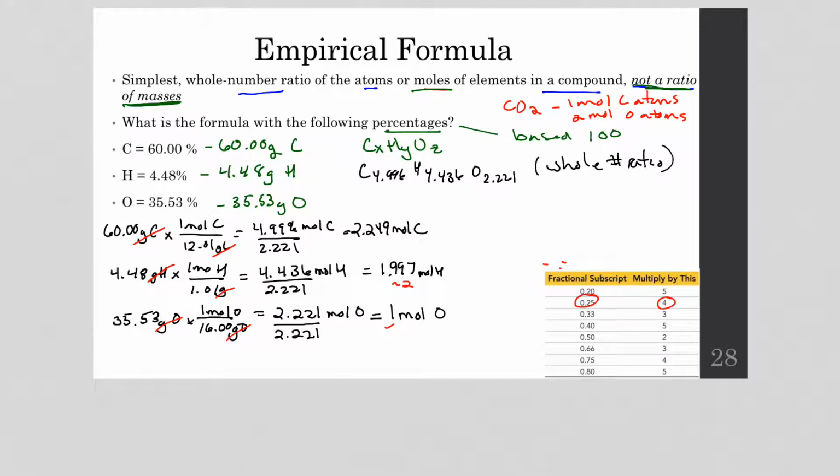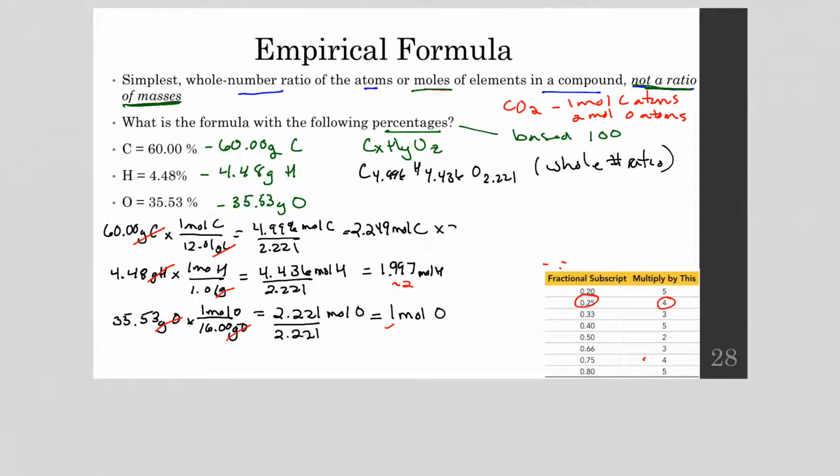So other examples might be if we had something that was ending near 0.5, we could multiply it by 2. Something ending in 0.33 or 0.66, right? We can multiply by 3 to turn it into a whole number. 0.75, multiply by 4, right? So we look for this, and so we got very close to 0.25.